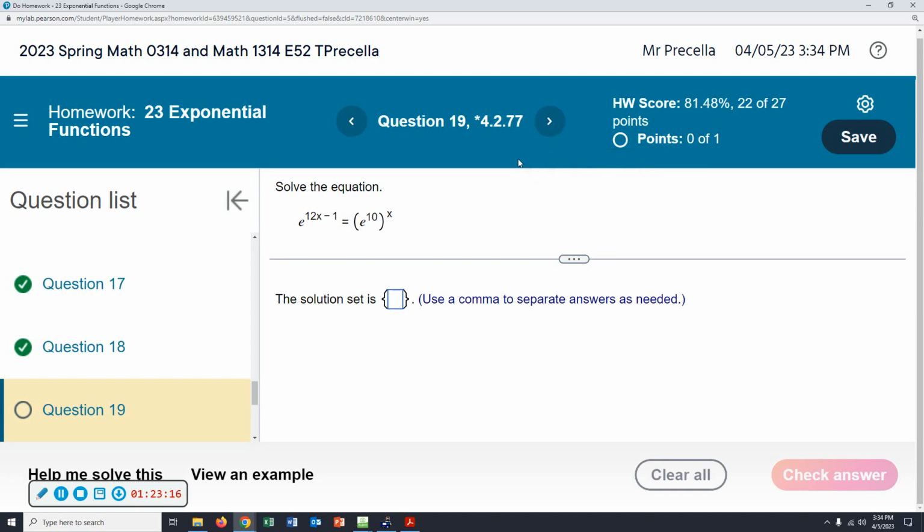Okay. Make sure you got the hang of this e stuff. Number 19, let me write it down. e to the 12x minus 1 is equal to e to the 10th, all raised to the x power.